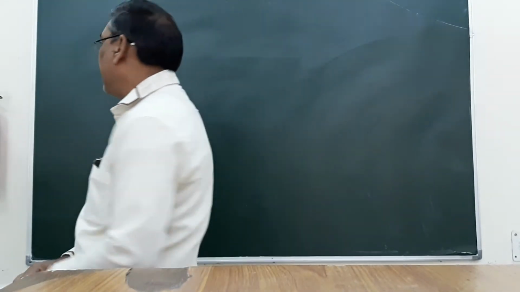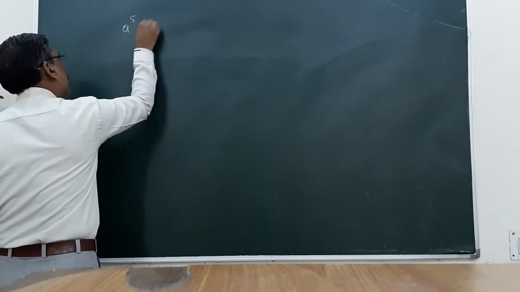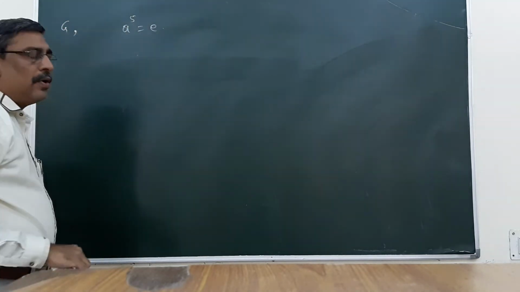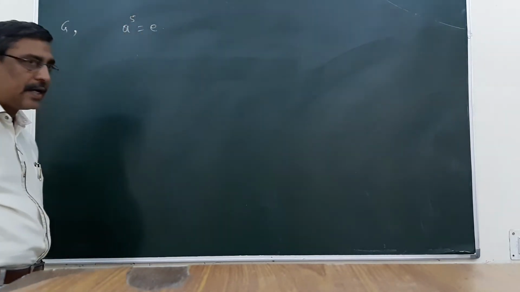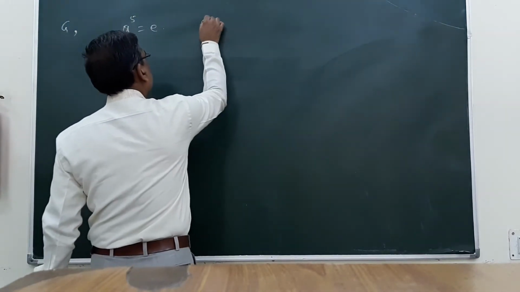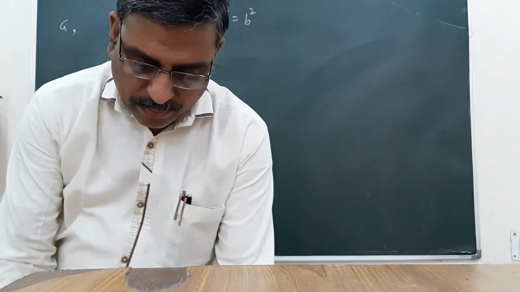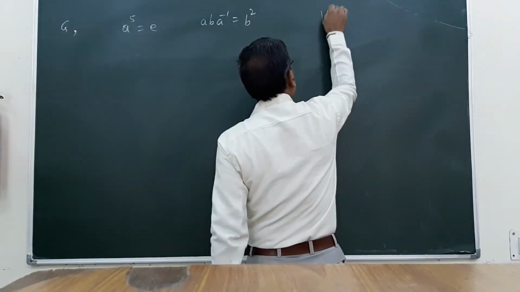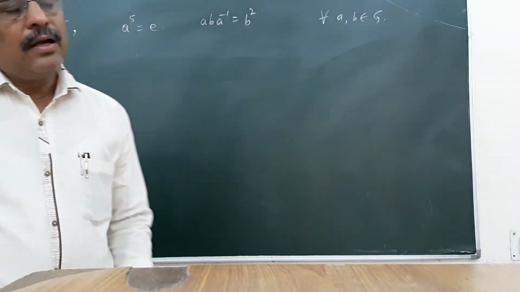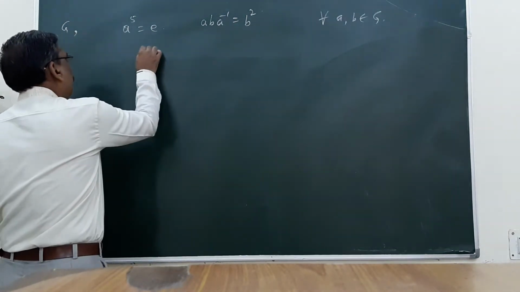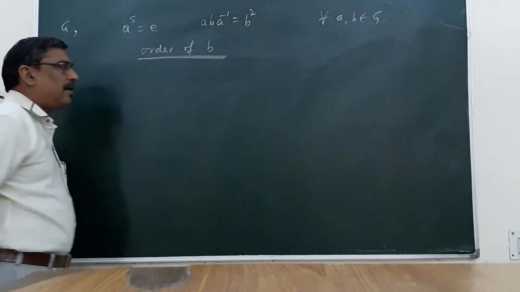If in a group G, we are given that a raised to the power 5 is equal to identity, where G is a group and a is an element of G, and it is given that a b a inverse is equal to b square for all a, b belonging to G. Then what is required is to find the order of b.